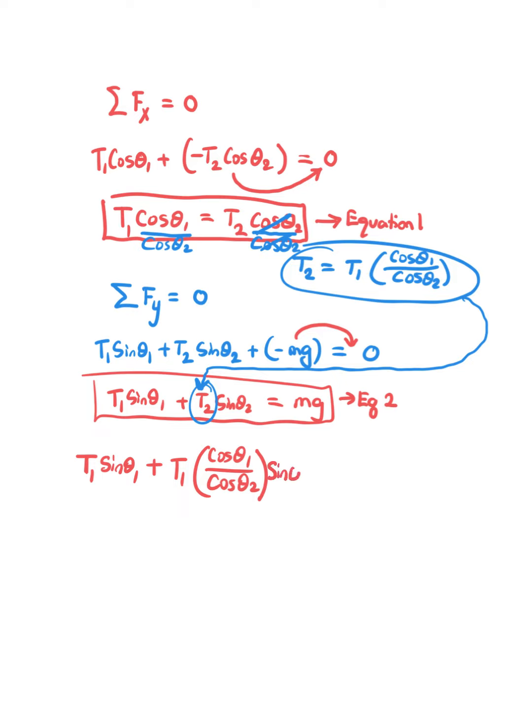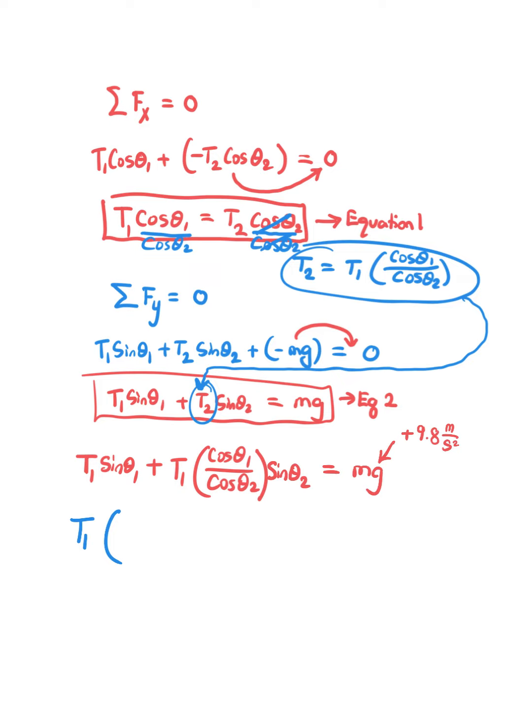So that's still there, so sine of theta 2. And that all equals mg. Now keep in mind, guys, that g here represents the absolute value of the free fall acceleration. So this is positive 9.8 meters per second squared. So I've effectively eliminated T2 from that equation, and I can actually factor out T1 since it's in common in both of the terms on the left.